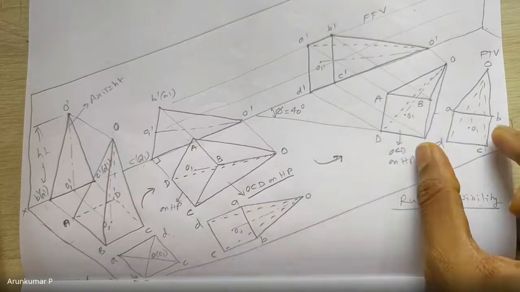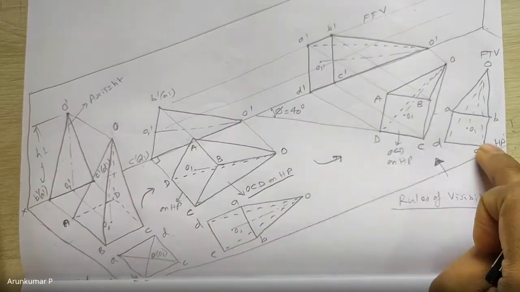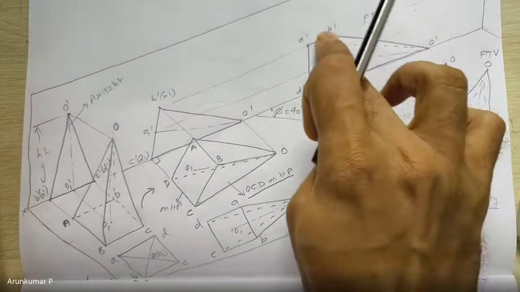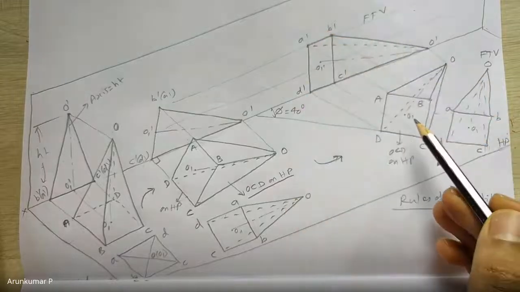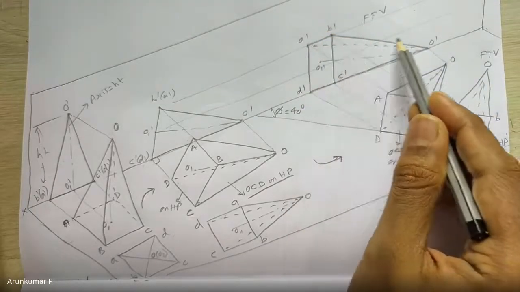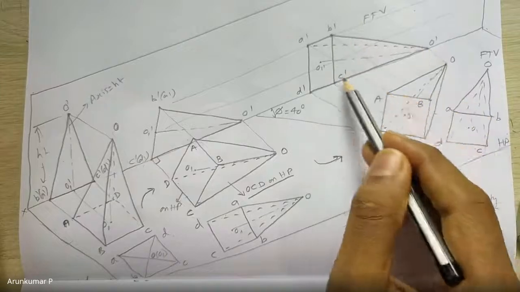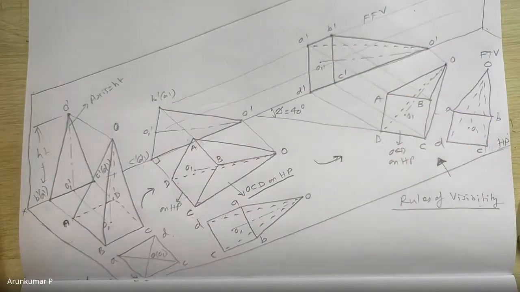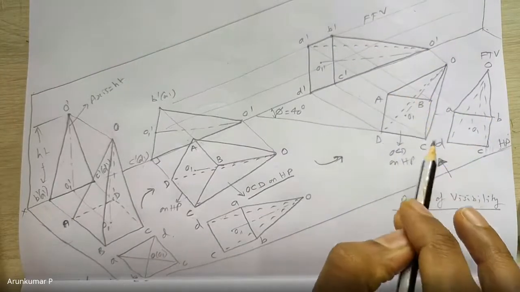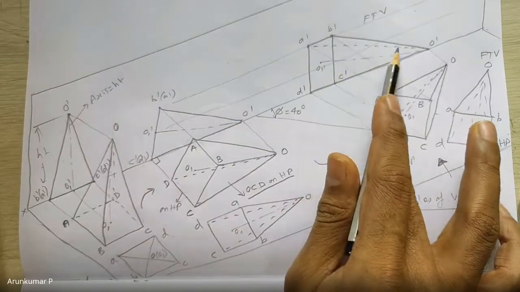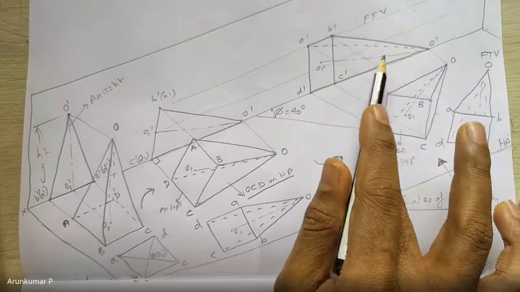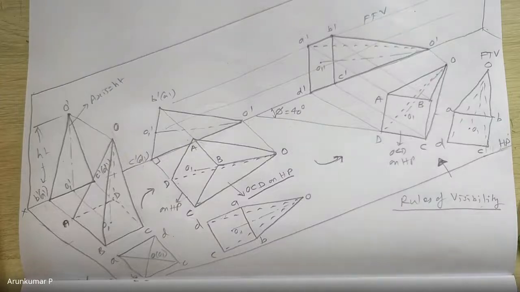So the top view remains the same, only thing is it is inclined at 40 degrees. The front view will have this shape. So in the front view, you are going to see the base and one triangular face OBC very clearly. Okay. Other things would be hidden. Whatever is hidden, you have to show by the hidden lines.